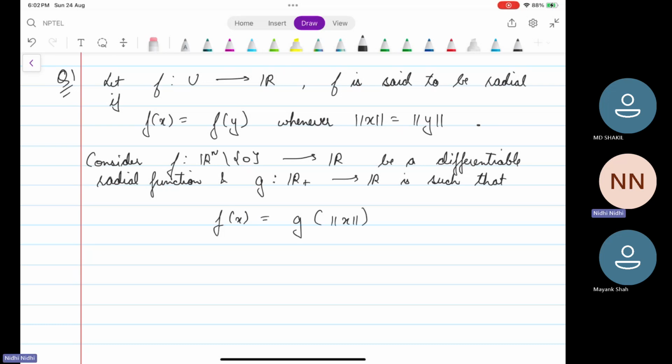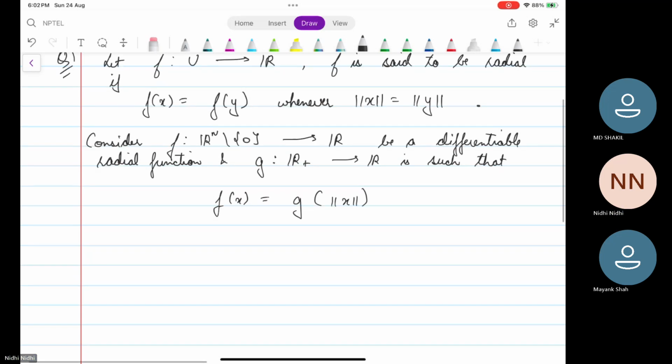Obviously norm x is a positive entity, so g is well defined on norm x. Then we need to show that this function g is differentiable.